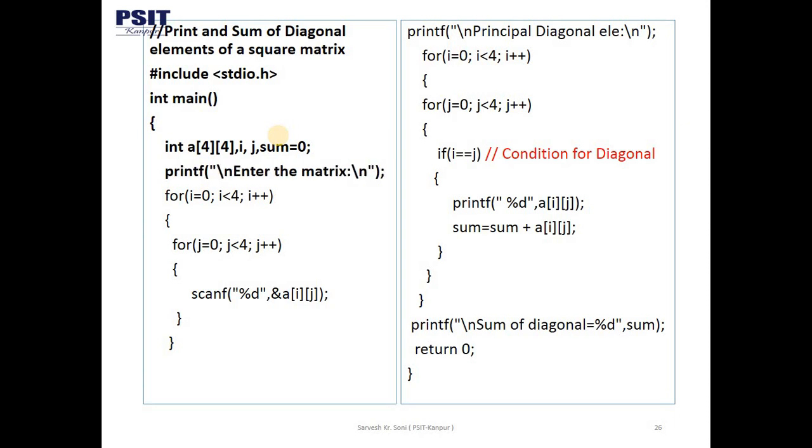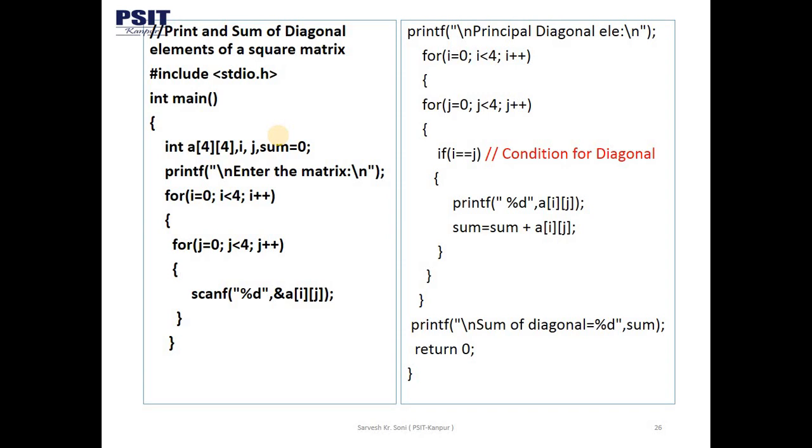First of all we have to input the matrix. Here the matrix is of order 4 cross 4, so my i loop will start from 0 and go up to 4. Similarly the j loop, j equal to 0 to j less than 4, j plus plus, and in scanf take those values given from the keyboard and store them in matrix A.